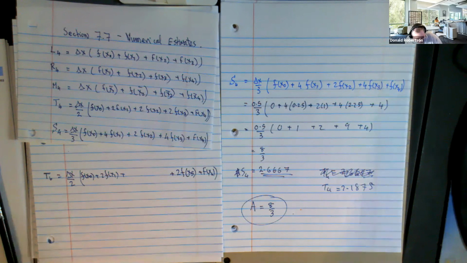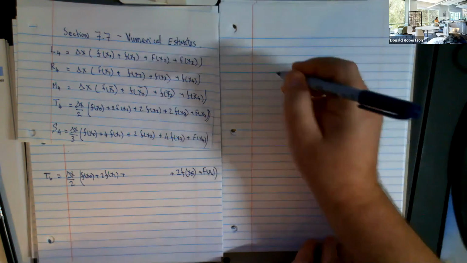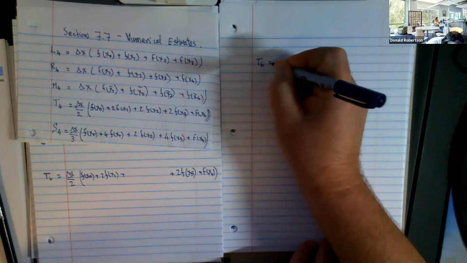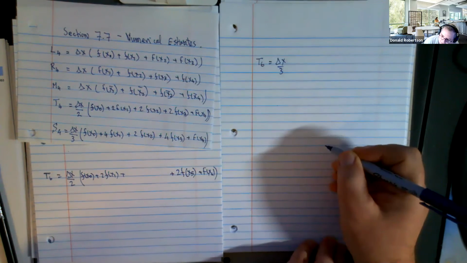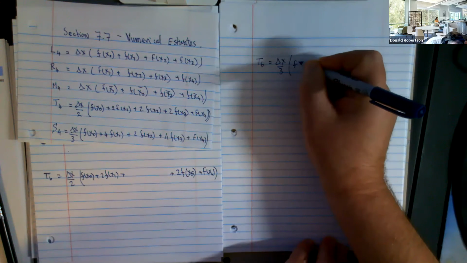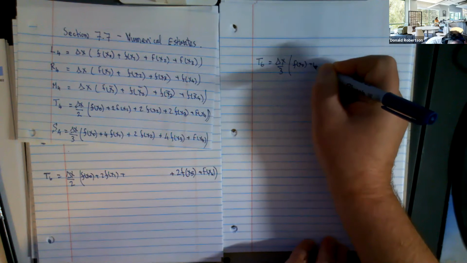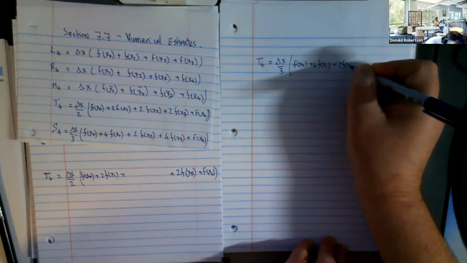Oh, you can do it for any number of strips. So let me try and show you what a T6 would look like. It would always be delta x over 3, right? That never changes, no matter how many strips. And the pattern is 1 of this guy, 4 of the next, 2 of the next.